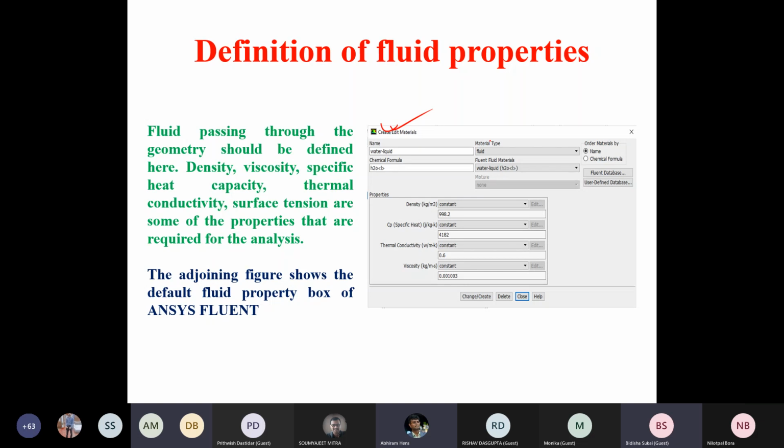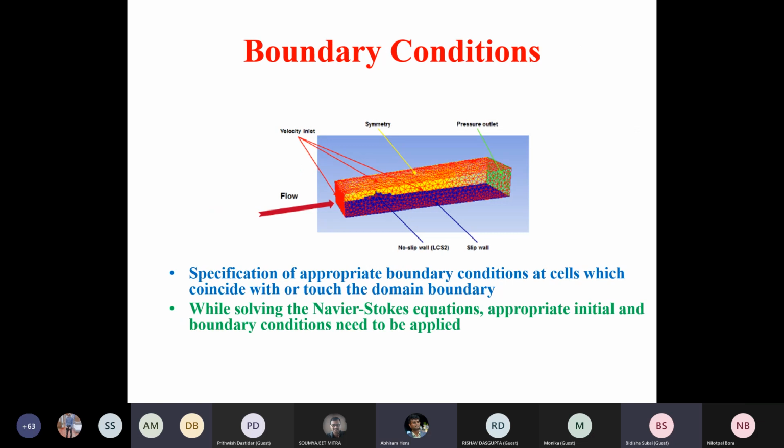There you can define the chemical formula or the name of that material, and there is an inbuilt database in this software so that it can take it automatically. And if you want, you can edit them using this edit option and give your own values. Okay, so you can collect the data from any other sources and give it. And if you are using some new material, you obviously have to define it. So these are the definitions of fluid properties.